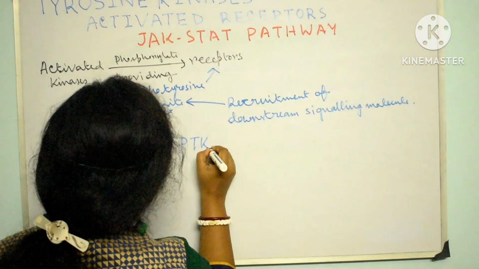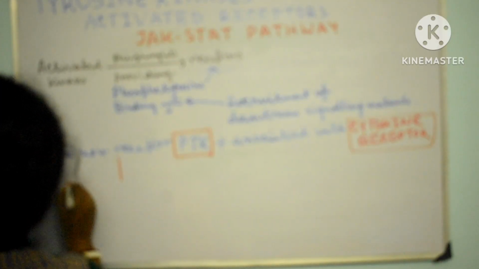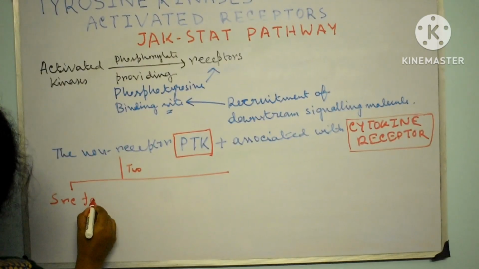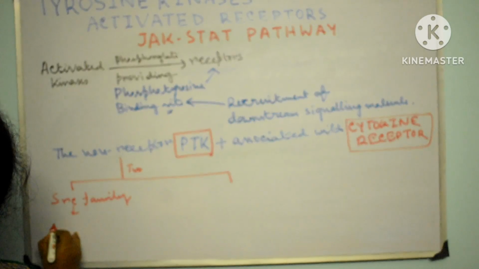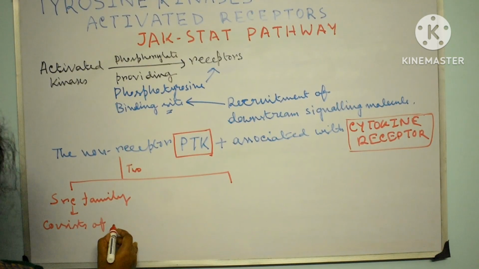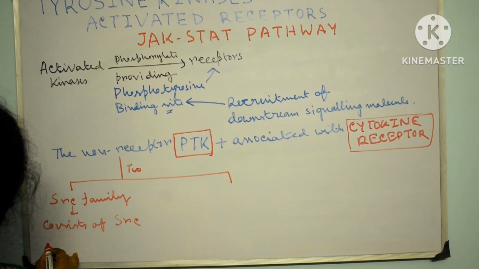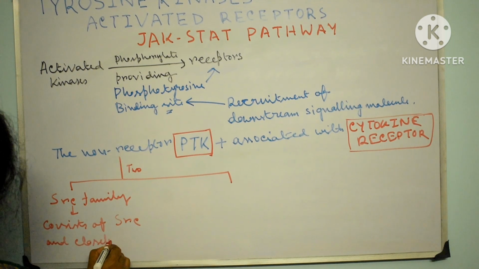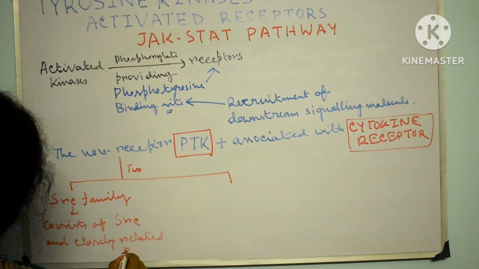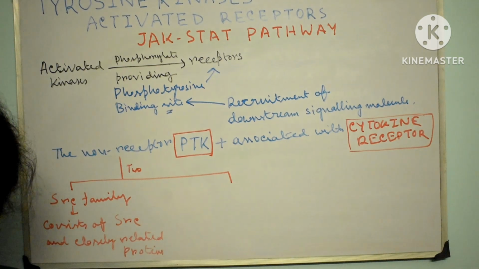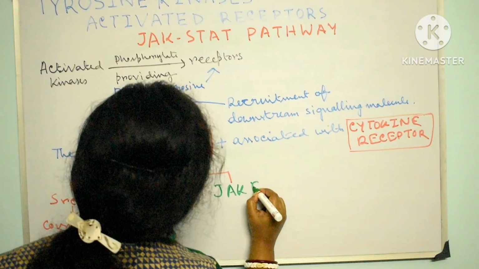On the other hand, the non-receptor protein tyrosine kinases which are associated with cytokine receptors are of two categories. Members of the SRC family, which consists of SRC and closely related proteins, and the second, the Jak family.